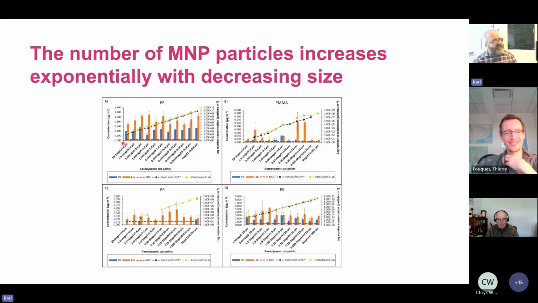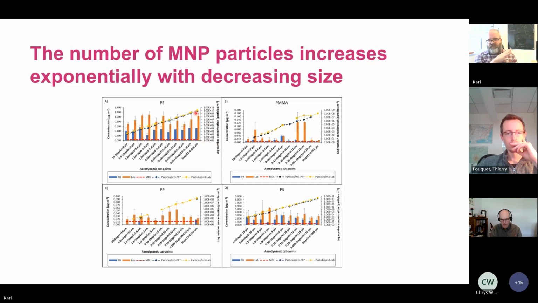We see that, I would say broadly, we're seeing similar quantities, within an order of magnitude across all aerodynamic cut points, and this translates to an exponential increase. We assume that the average particle size of each of these components corresponds to the aerodynamic cut point, that we see this exponential increase, and that's a log scale on the right of the number of particles.